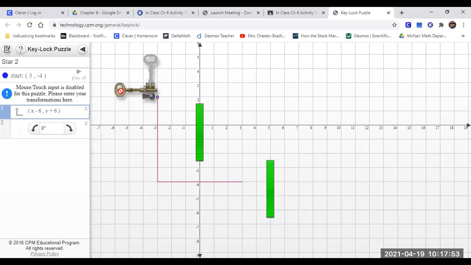Which way? Do we need the head to go left or do we need the head to go right? Left, right. What do we think?